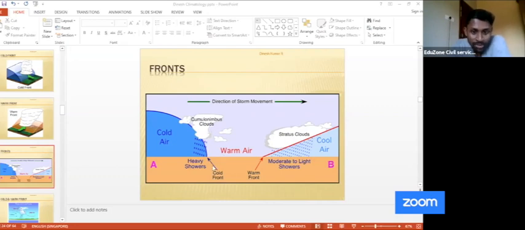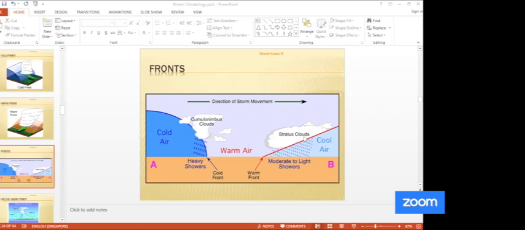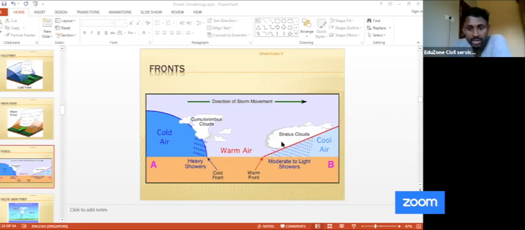Because what happens is, in cloud formation you will get a very strong cumulonimbus cloud, which will lead to very fast and very strong rainfall in a very small amount of time. But this will result in well distributed rainfall over a huge area and a huge time period. That is the basic difference.